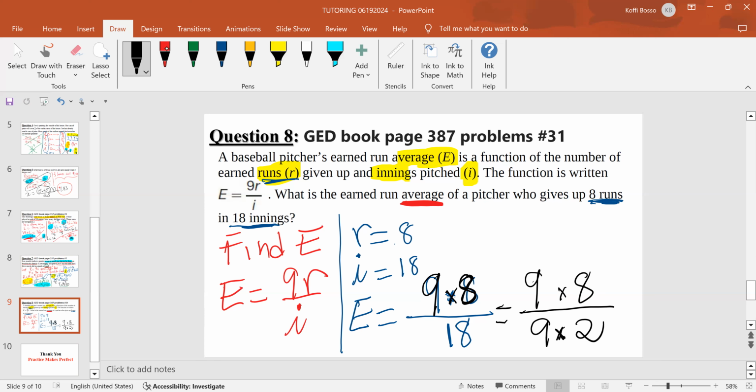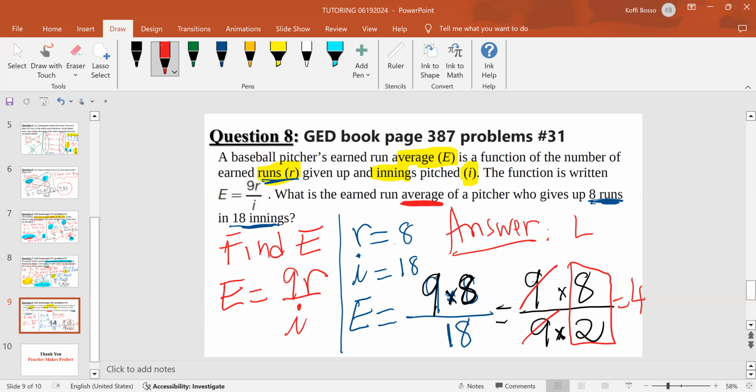Don't do 9 multiplied by 8; instead, break down the denominator. 18 is the same as 9 multiplied by 2. So we cross out the 9 and 9, and we have 8 over 2 left, which is 4. So the answer to this question is 4, and if you check with a calculator, you see that it is 4. So E equals 4.